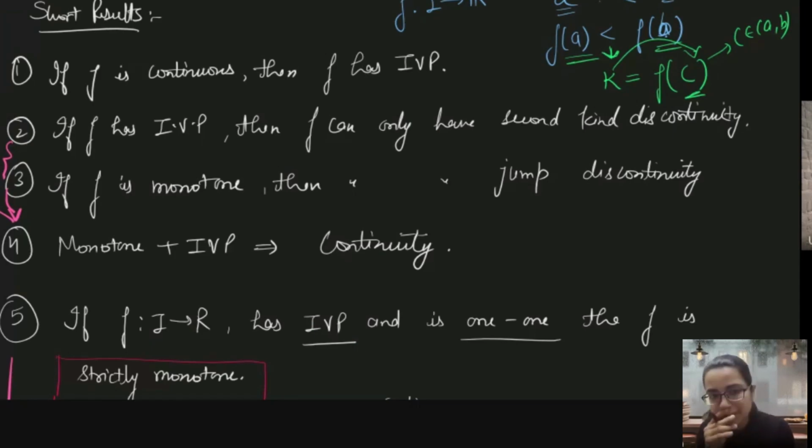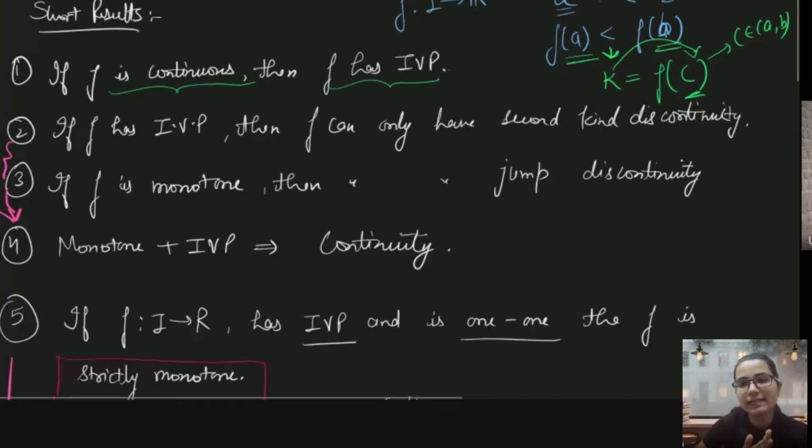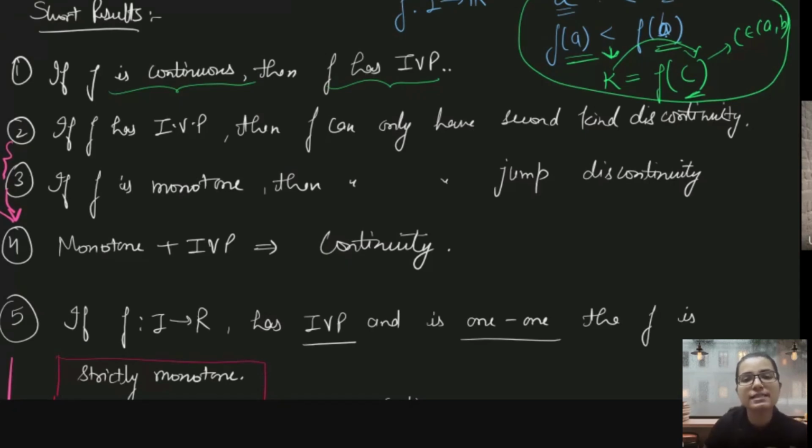The intermediate value theorem said that if f is continuous, then f has the intermediate value property. So this whole idea is the intermediate value property. But when f is continuous, it satisfies the intermediate value property, that for any 2 points A and B, there exists some K and things like that.